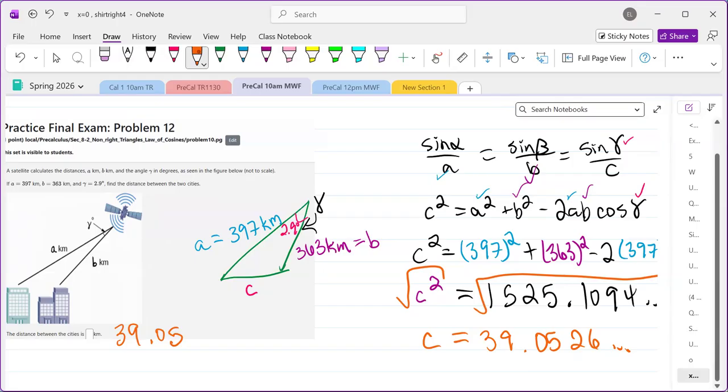The 1525 we got was too big. There's no way 397 and 363 can bridge a 1,500 kilometer gap. So even though 1,500 might make more sense on the scale of distance between cities, looks like they were measuring neighborhoods of San Antonio here instead.